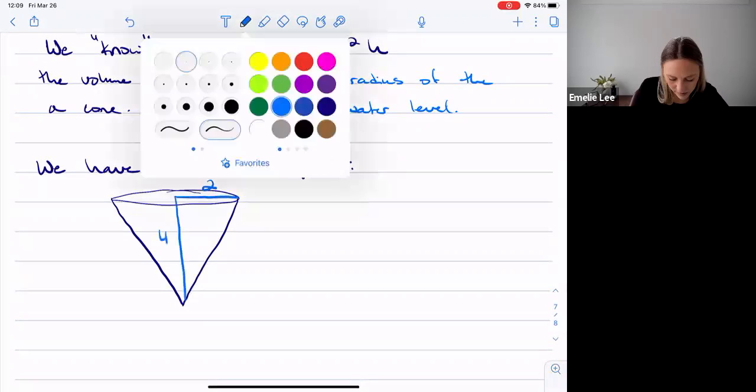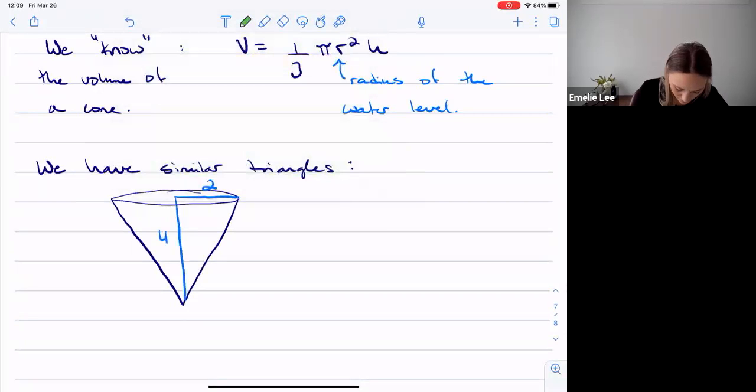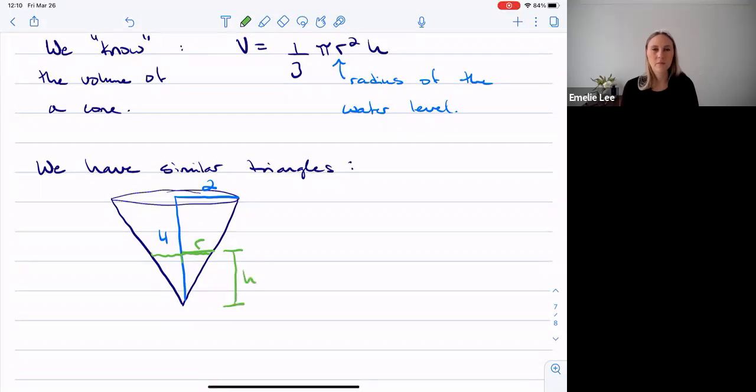And then the water level, let's put the water level on here. The water level has a radius r and a height h. And I'm going to do it on the outside just so I don't cloud it.